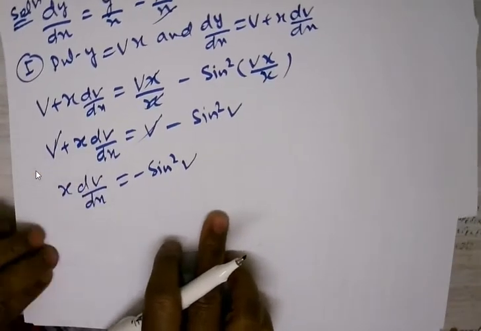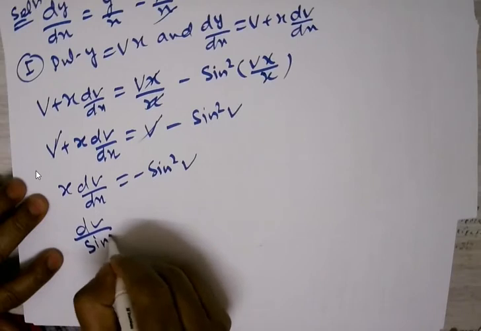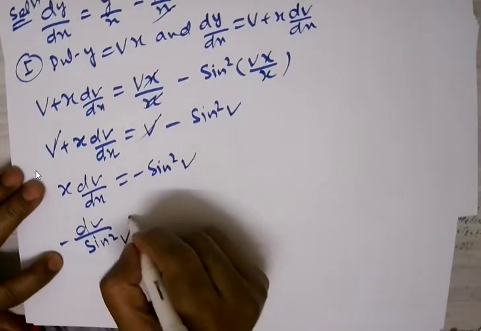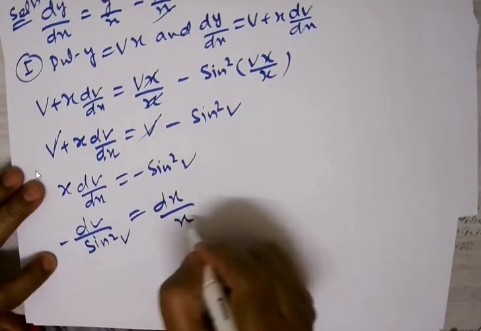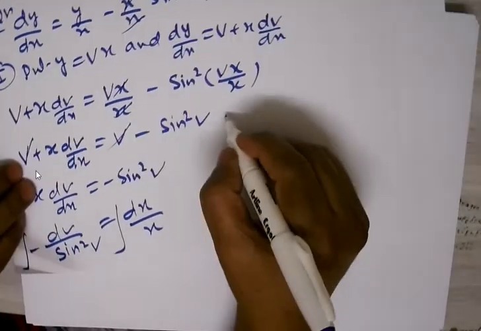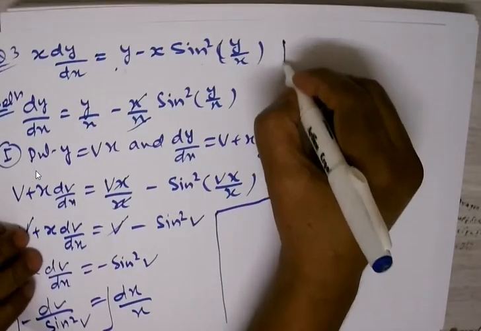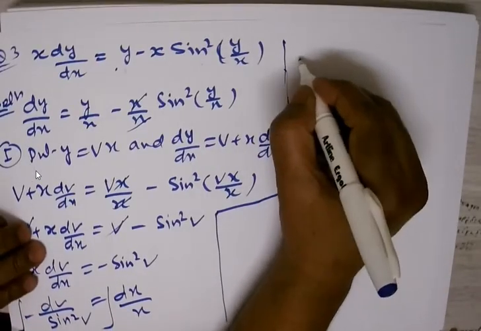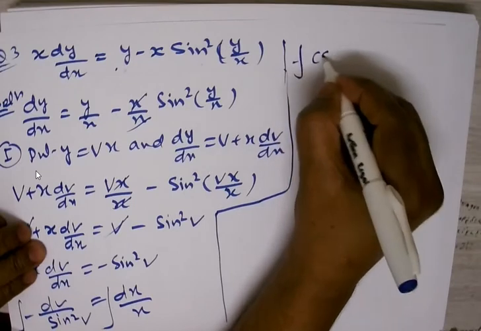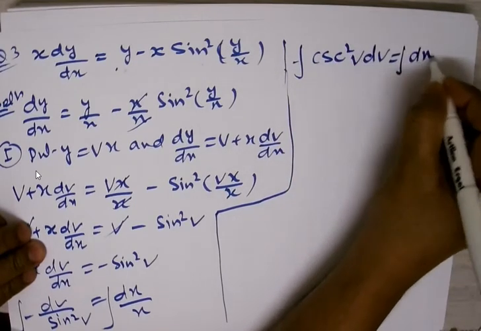We can write it as dv divided by sine square v with negative equal to dx divided by x, and integrate it. This becomes minus csc square of v dv equal to integration dx by x.